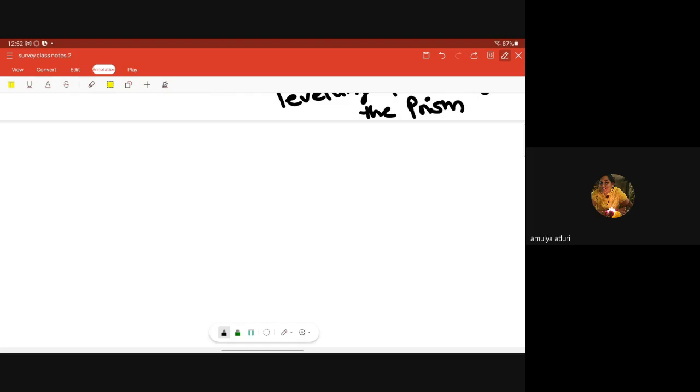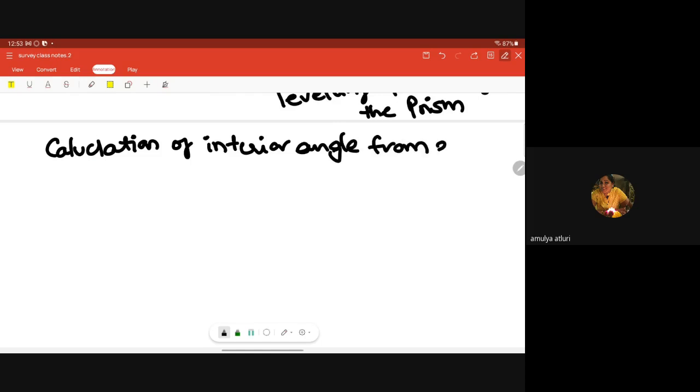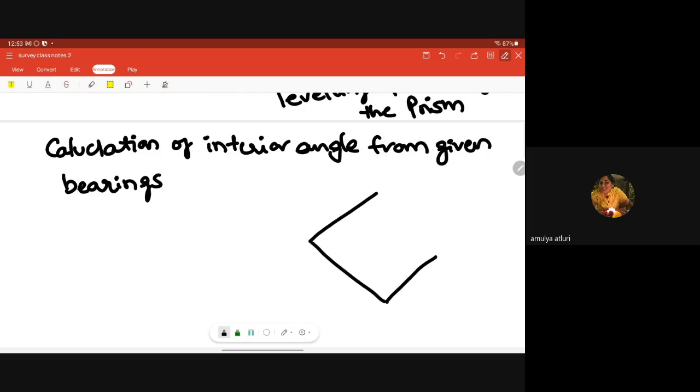How do we calculate interior angles from given bearings? So this is your true north.